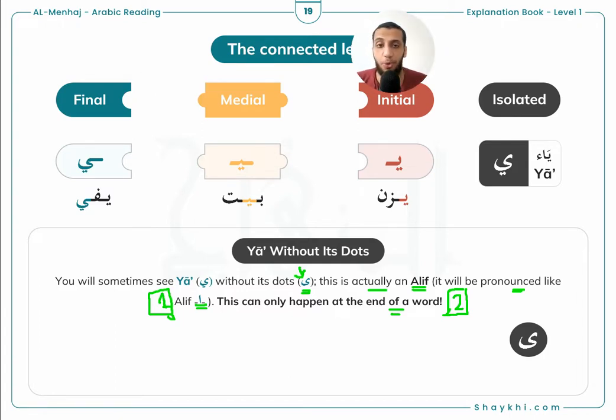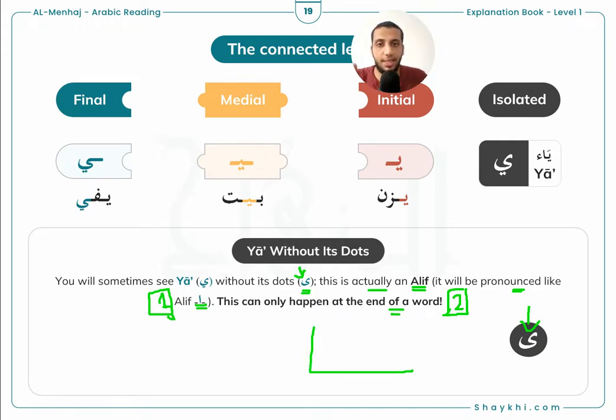What are these three points? The first point: al-ya can come without its dots. Seriously? Yes. As you can see, this shape is al-ya without its dots. So you might ask, will it be read in the same way? This is the second point. No, it will be read like letter alif.